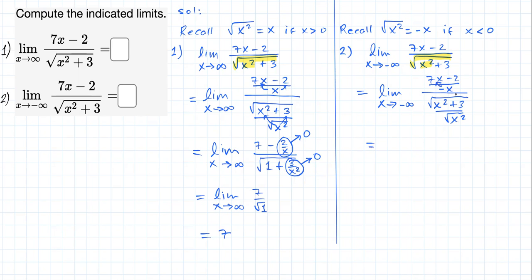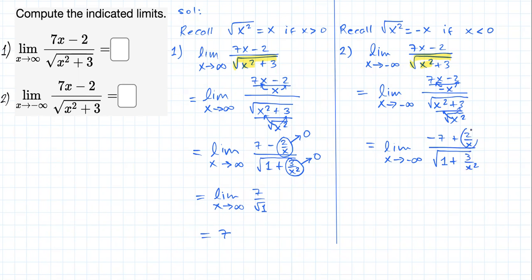Let's do the algebra now. Minus x into 7x will be just negative 7, right? So here, negative 7. Minus x into minus 2, simplifying, positive 2 over x here, right? x squared into x squared, don't forget the square root, is just 1, plus x squared into 3, 3 over x squared.